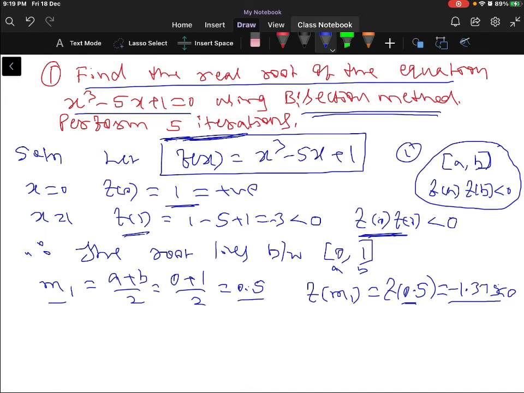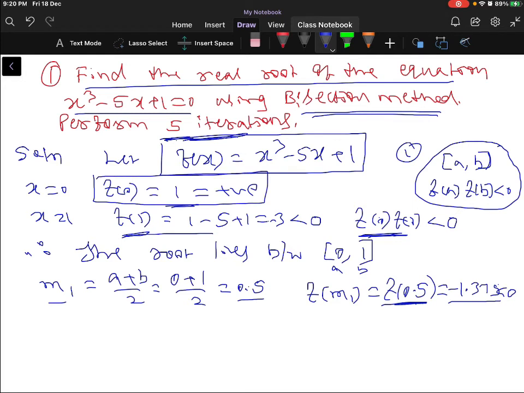So this is again negative. f(0.5) is negative, and we search for which value of x f is positive. Here f(0) is positive.